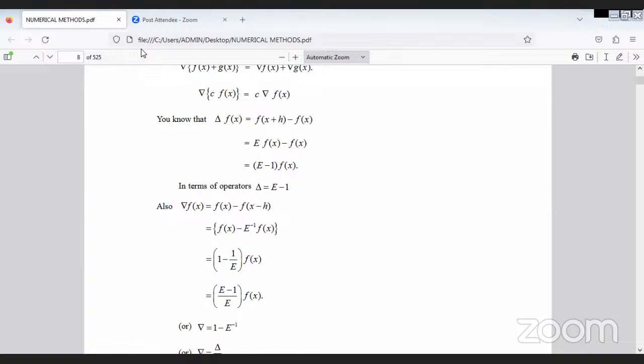So therefore 1 minus 1 by E f of x. We can write, the LCM part we are taking, E minus 1 by E. So 1 minus 1 by E f of x is equal, we are taking the alternative, E minus 1 by E f of x.